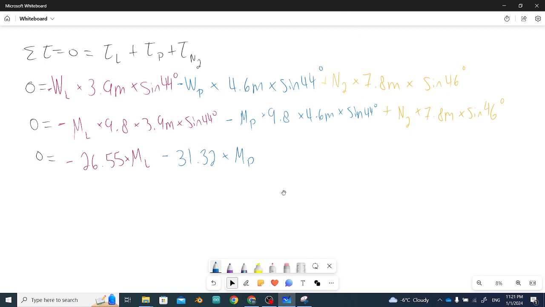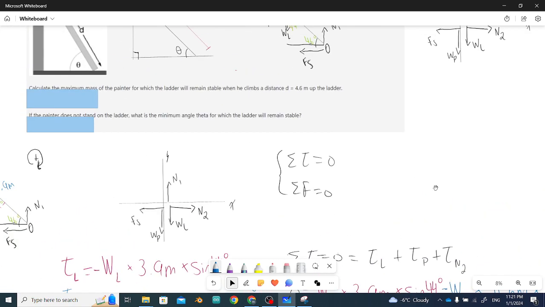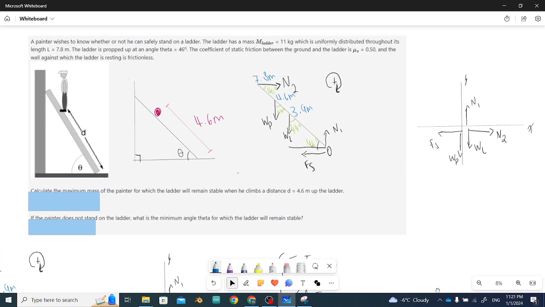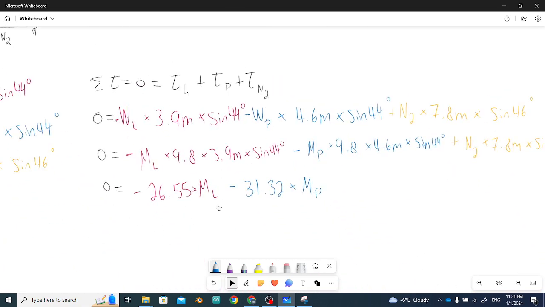I just realized we might have the mass of the ladder. Did they give us the mass of the ladder? They did, 11. So let's remove this, and that's minus 26.55 times 11. That'll be negative 292.05.